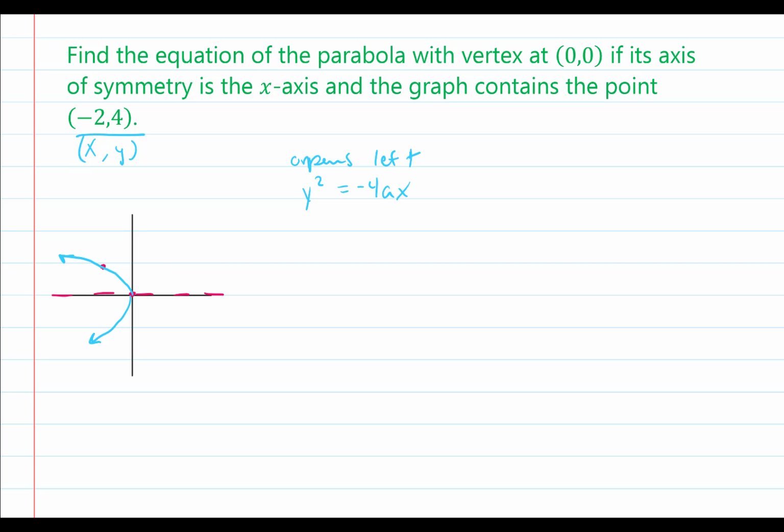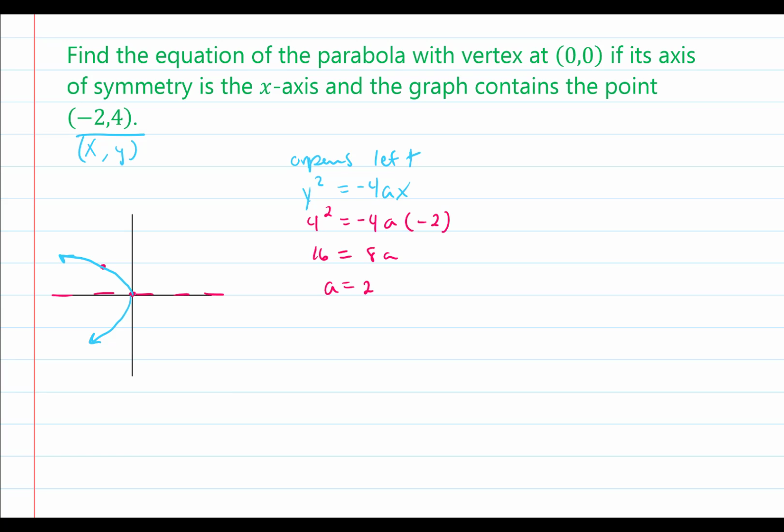So we will replace the x and y variable in the equation with the values of -2 and +4. This gives us 4 squared is equal to -4 times a times -2. Our goal now is to solve for a, so we have 16 on the left is equal to +8a on the right. We divide both sides by 8, and so we have a is equal to 2.